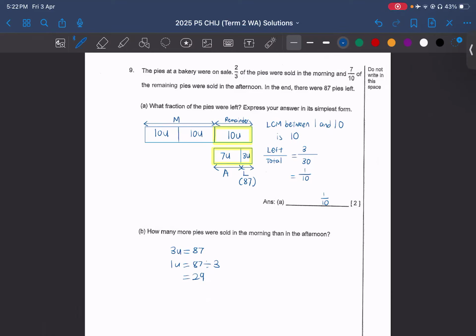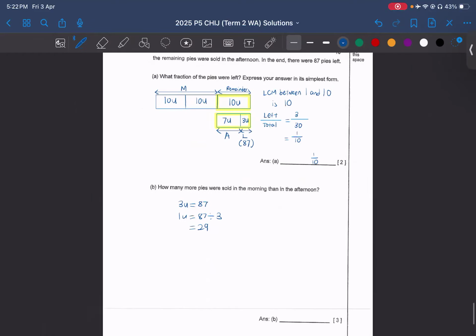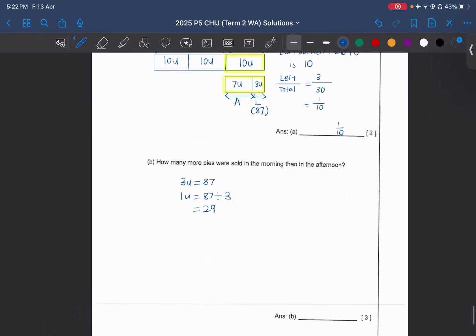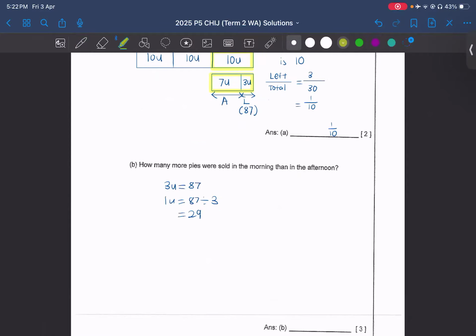So how many more pies were sold in the morning than in the afternoon? If you look carefully, you realize that in the morning you sold 20 units, whereas in the afternoon you sold 7 units. So this represents a difference.